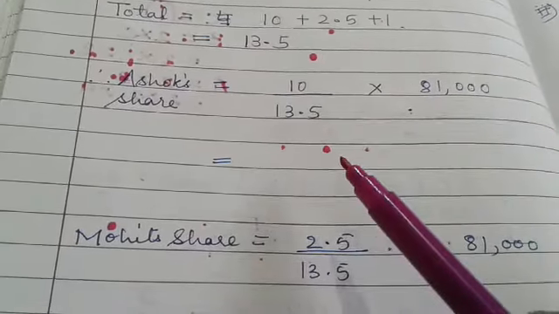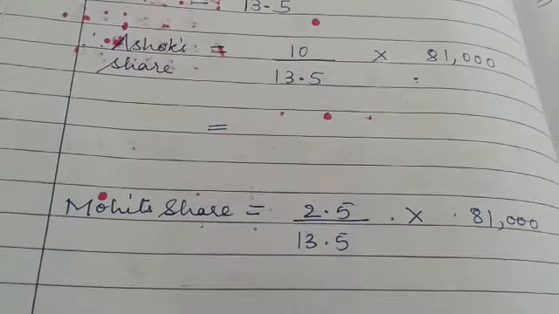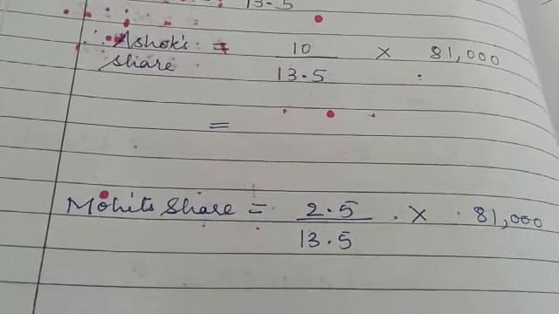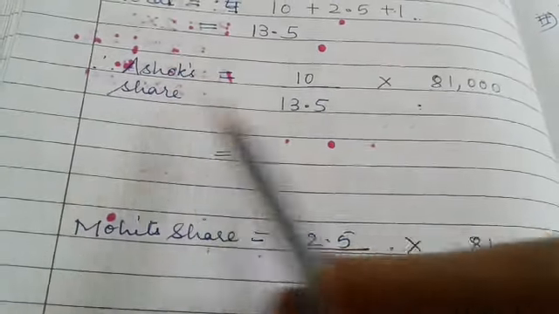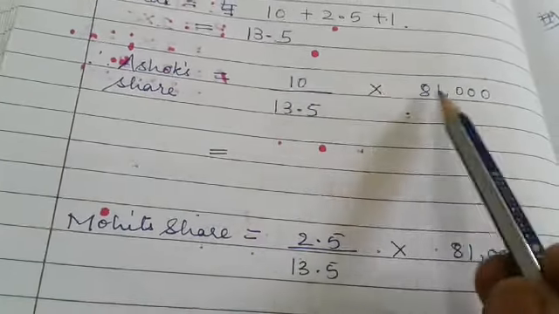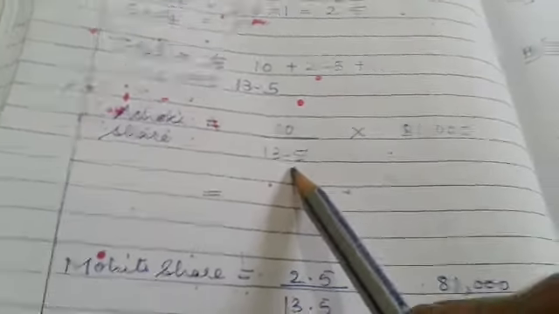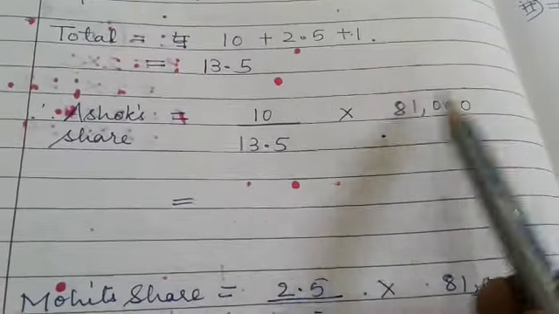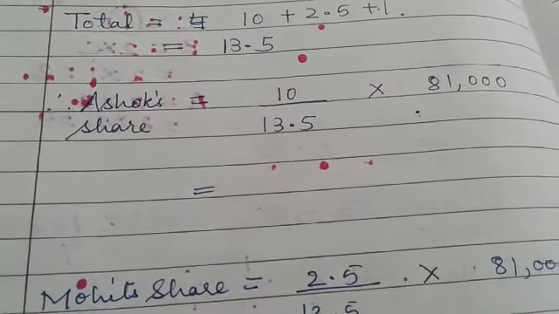I want you all to do it yourself. Okay, so Ashok's share is 10 out of 13.5 multiplied by 81,000. You know now why I have written 10, why I have written 13.5, and 81,000. So I want this calculation to be done by yourself.